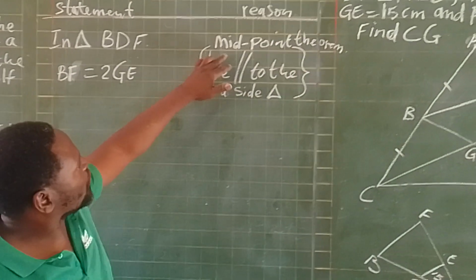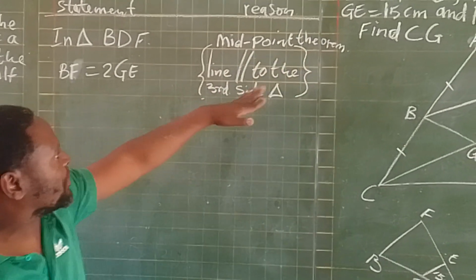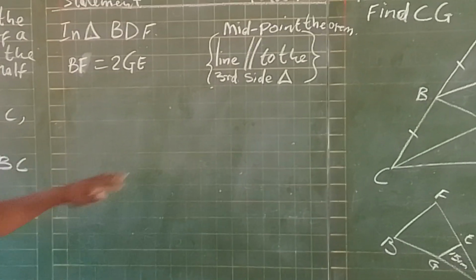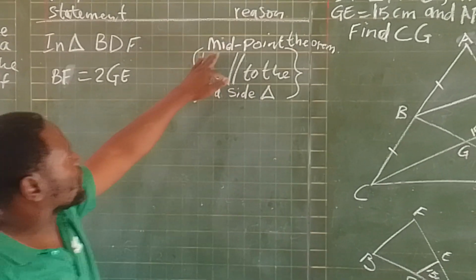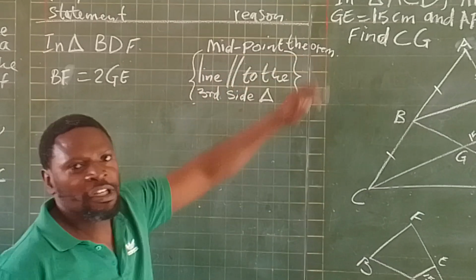Yeah, I prefer to use the midpoint theorem because this is the midpoint theorem, though we have a line that is parallel to that side. But let us resort to the midpoint theorem.